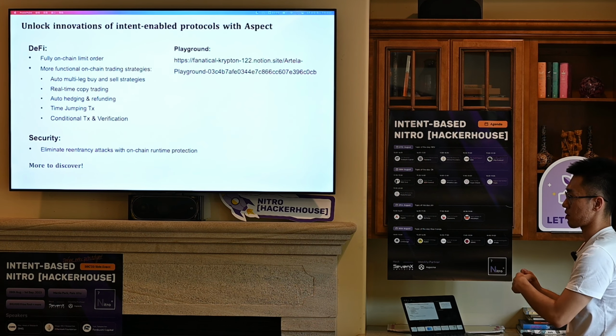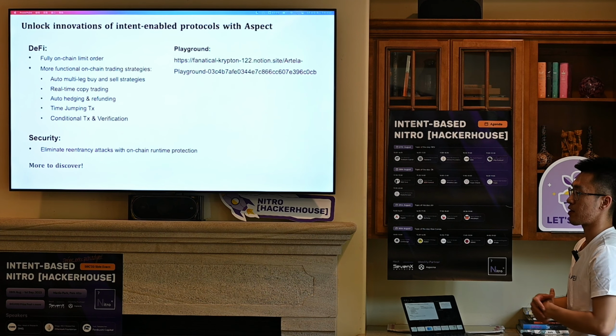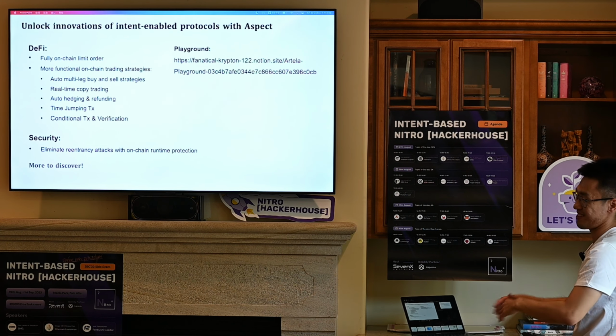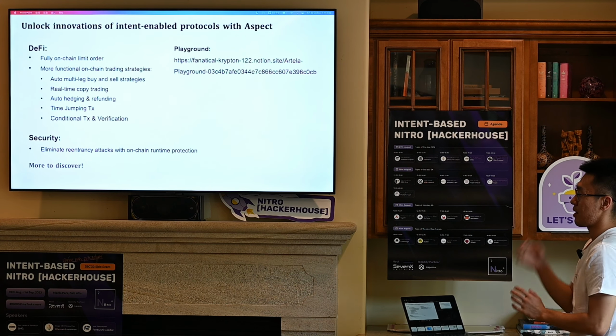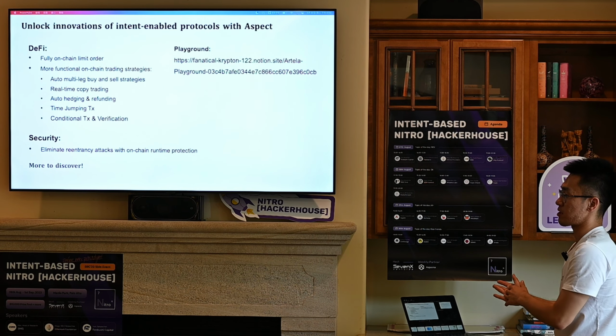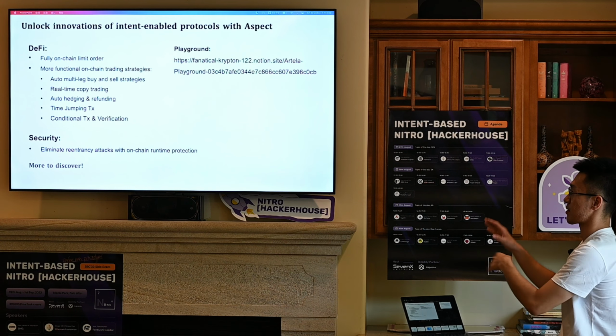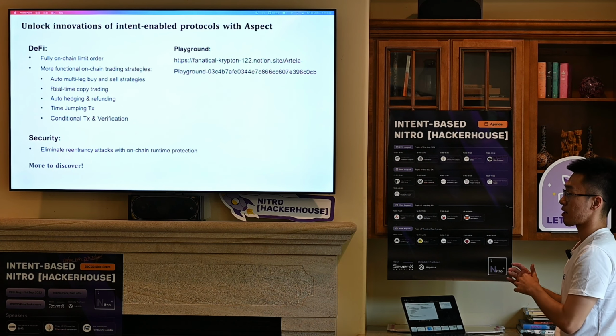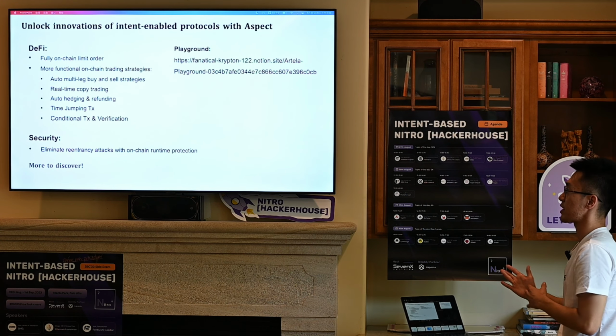For the Curve protocol, they didn't do anything wrong. Their code is perfect, but after compiling, the wrong thing happened. After compiling, we can actually reverse the transaction if something goes wrong. So this reentrancy attack can be avoided at the blockchain level.